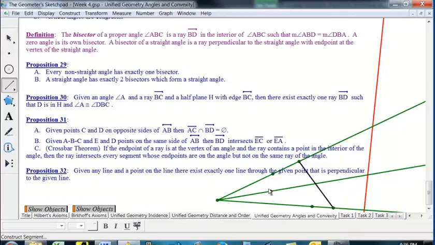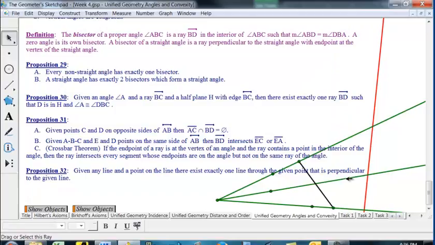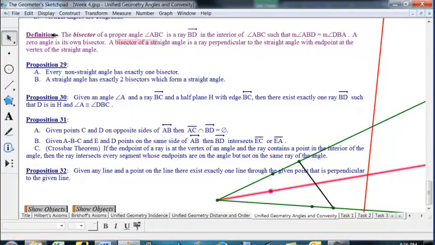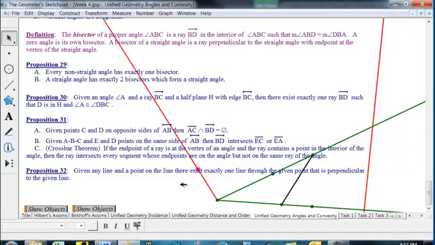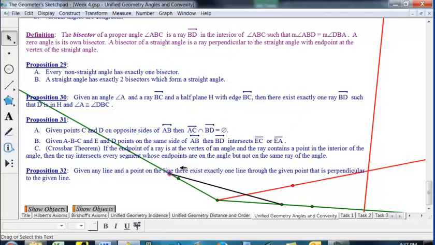We'll make this part right here red. What we're saying is that the red ray is going to have to intersect the black segment, no matter where it is, as long as it's in the interior. If it's in the exterior, it doesn't say anything about it. It doesn't matter what size the angle is. That's the crossbar theorem.